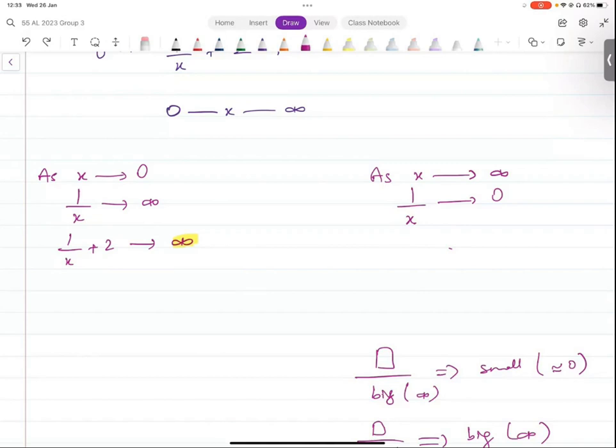1 over x बहुत छोटा हो जा रहा है. Then what about 1 over x plus 2? 1 over x plus 2 क्या होगा?